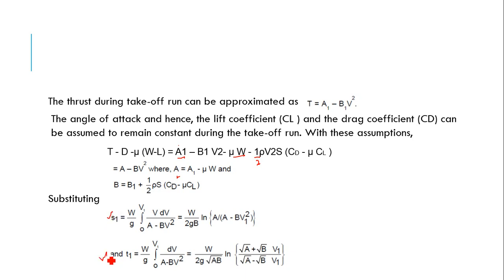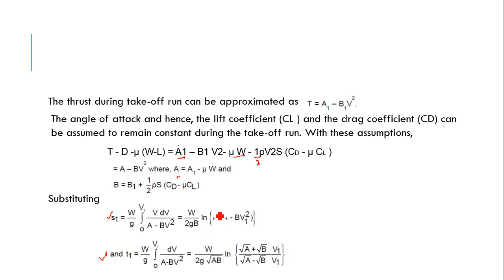And for T1, substituting A minus B V square, we get W by g integral from 0 to V1 of dv by (A minus B V square), which we can put as W by 2g into square root of AB, ln of (square root of A plus square root of B into V1) divided by (square root of A minus square root of B into V1).